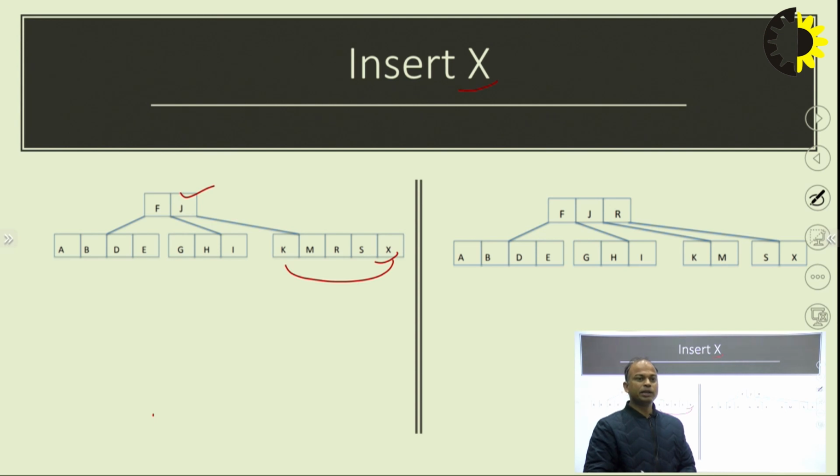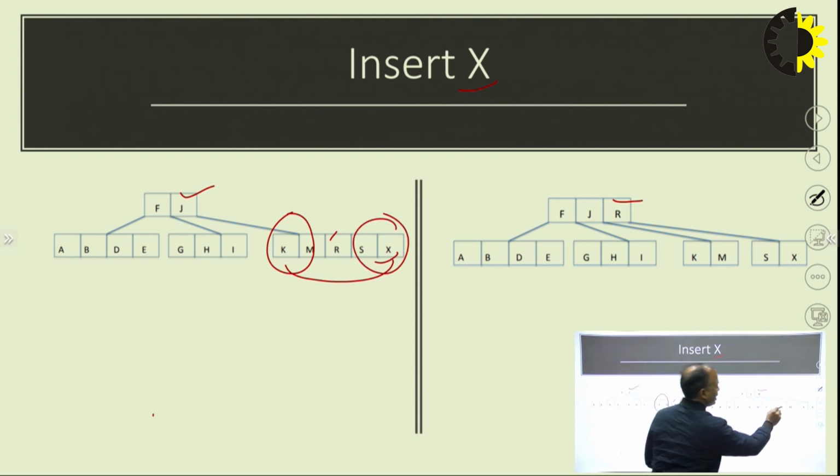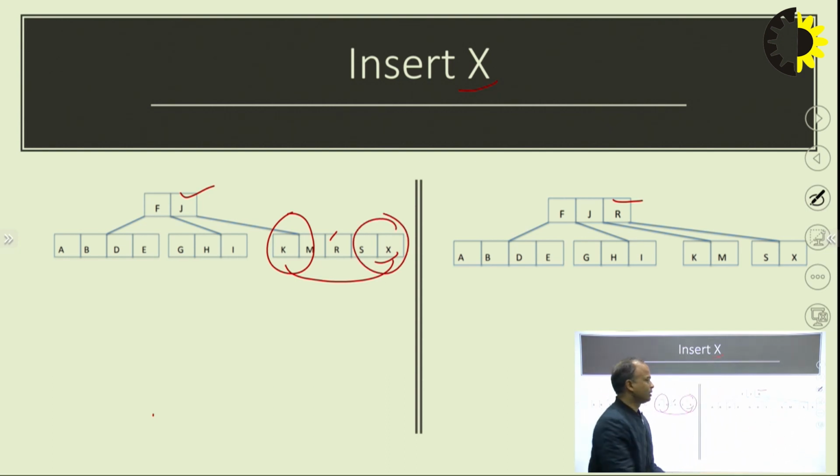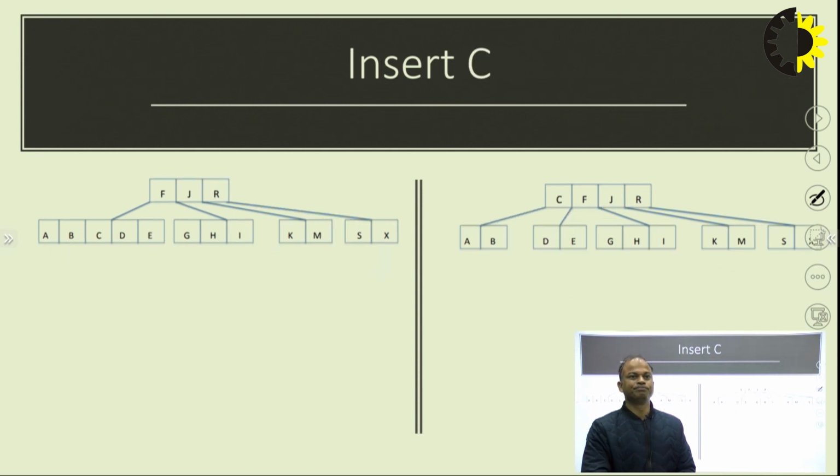So it will be split into 2 parts against the value of R. R will go up and split into 2 parts, K M and S X. So further this particular case is satisfying the property of the B tree.